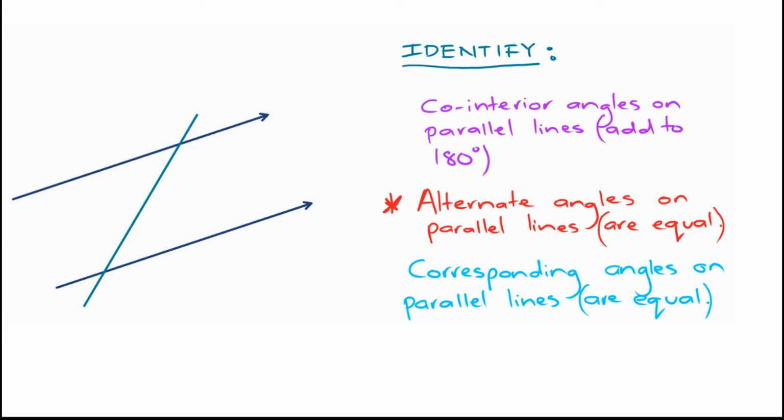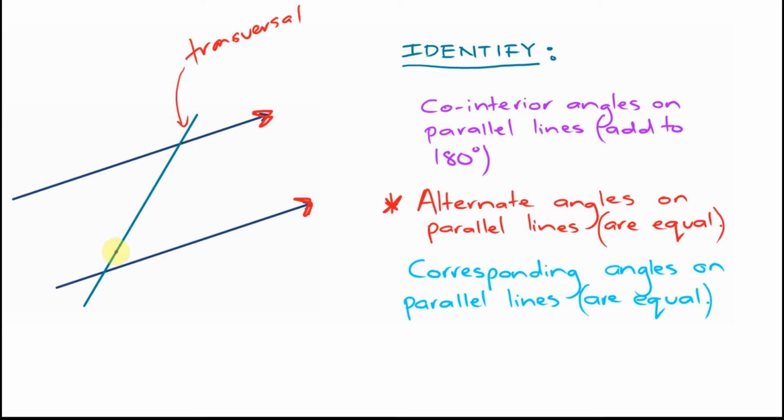So alternate angles are angles that are on either side of the transversal. So we've got two parallel lines here. So this line and this line are parallel to one another, and we've got our transversal, which is just a line that crosses our two parallel lines.